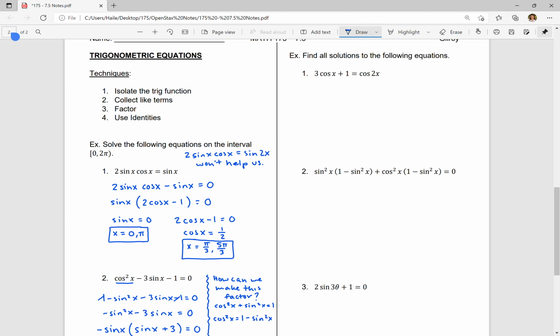So if you remember from the section on identities, we had 3 choices for cosine of 2x. And so here we want to think about how do we make a decision between those 3 choices. One of them is going to help us much more than the other 2. So how do we choose?